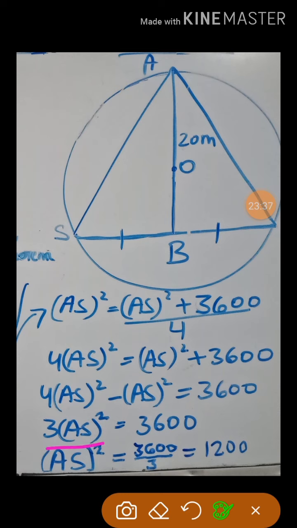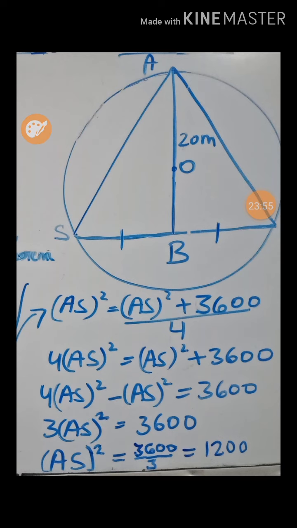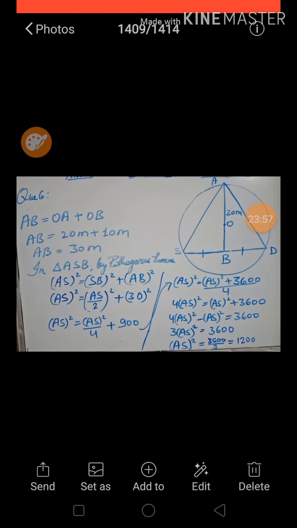Now this 3 will come to the right-hand side as a divisor. So AS square is equal to 3600 by 3. So we will divide now, and it will be equal to 1200. So AS square is equal to 1200.